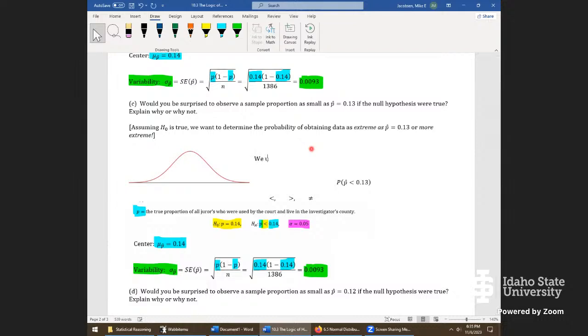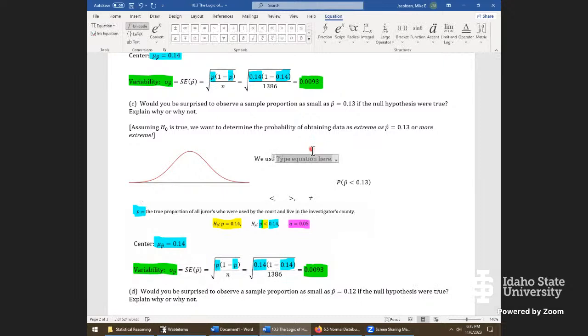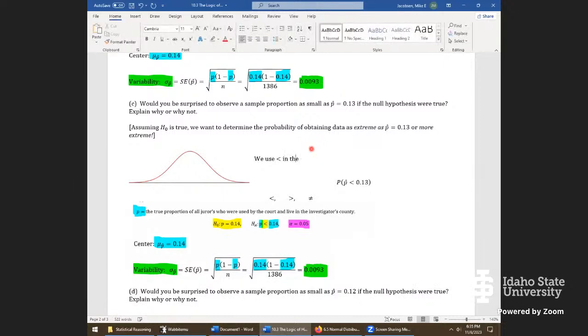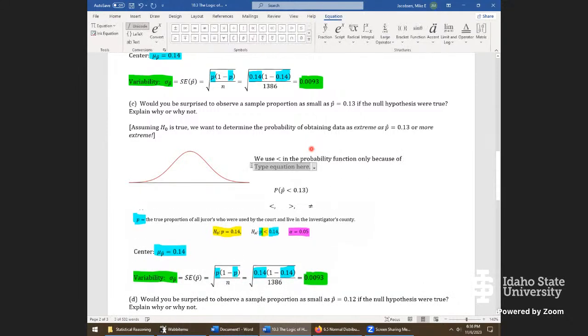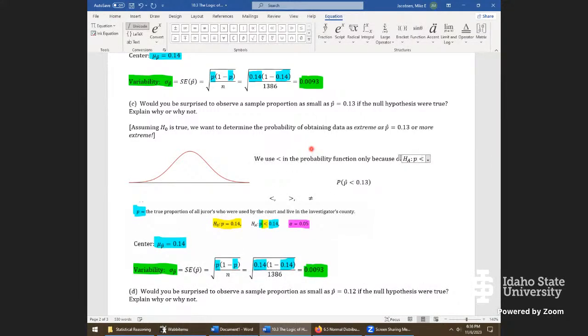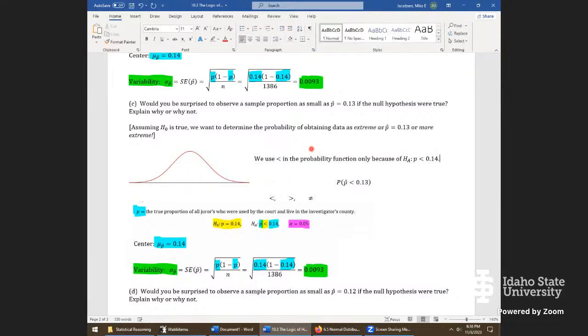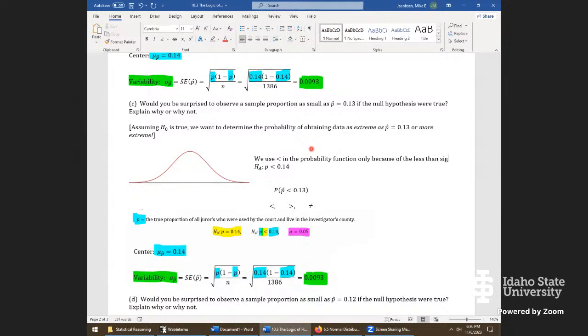So we'll say here, we use less than in the probability function only because of HA, P is less than 0.14. Let's say only because of the less than sign in the alternate hypothesis. So that's the only reason we select that sign right there.